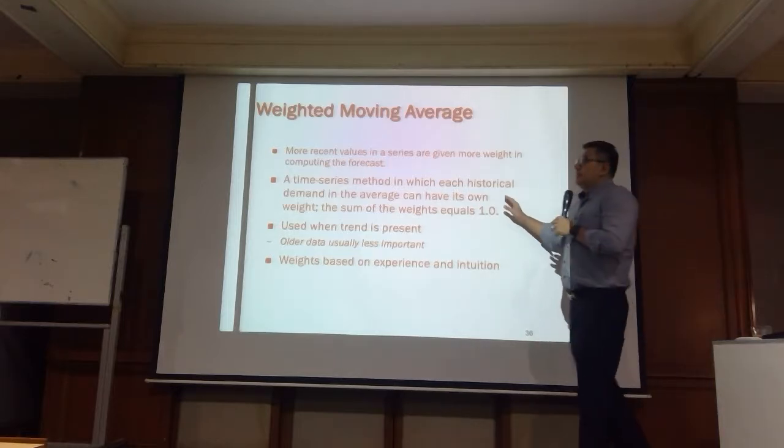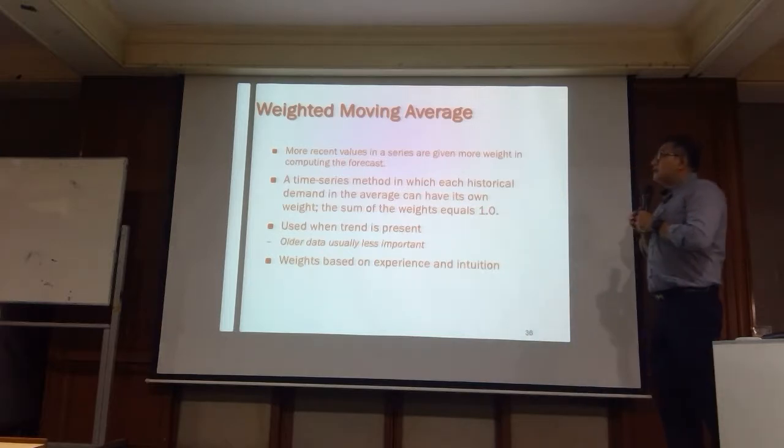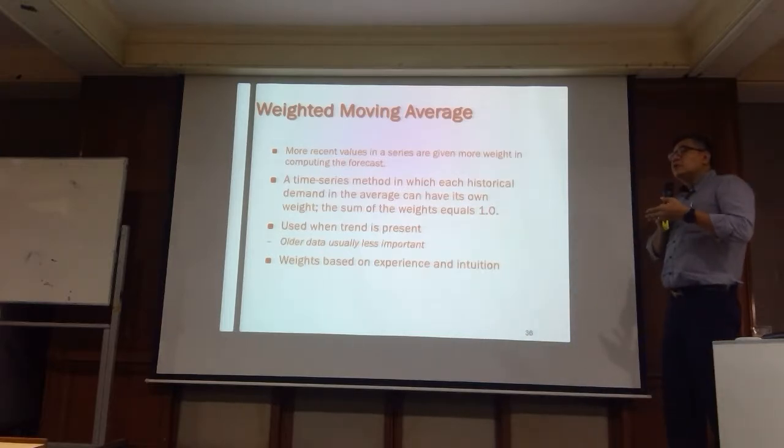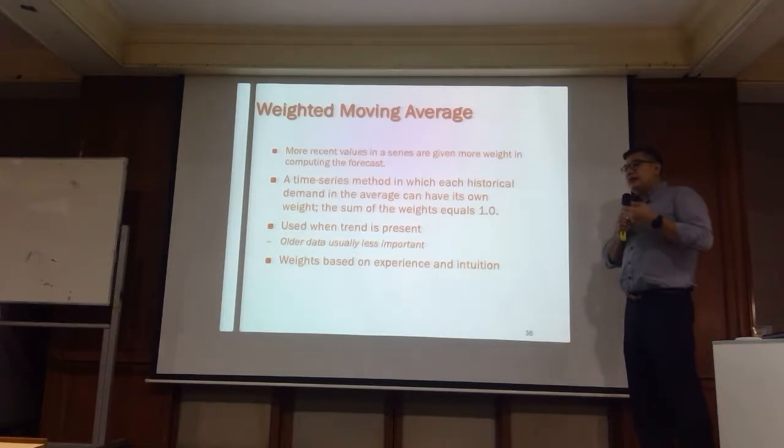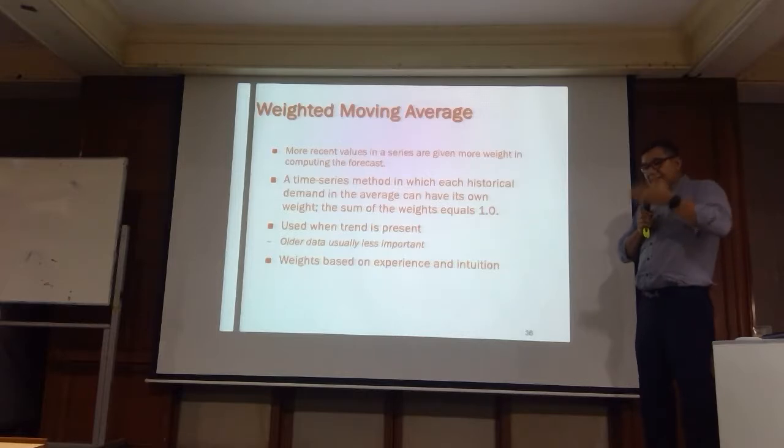This method changed a little bit from the first one. It changed by putting more weight on the more current data. The current data should have more weight than the later data.